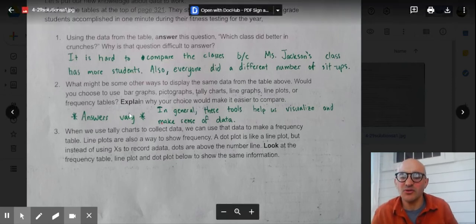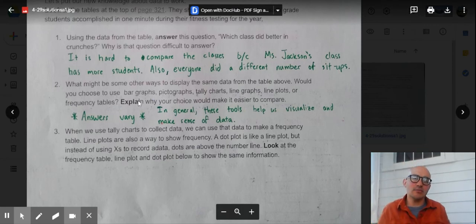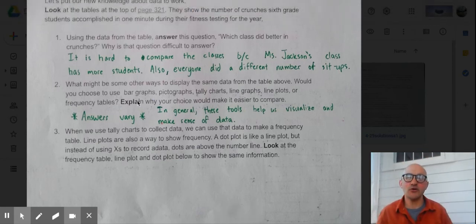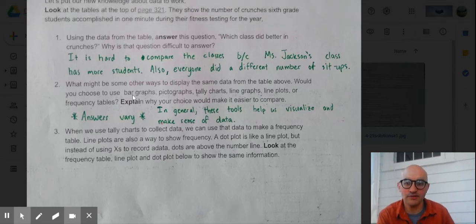Number 2 here, your answers are going to vary because this is asking you to think a little bit about your understanding about graphs and why we use them, all kinds of different ways in which we can visually represent data. In general, I want you to answer something specific, choosing one of these bar graphs, pictographs, tally charts, and so on, and explain why that would be one choice better than the other.